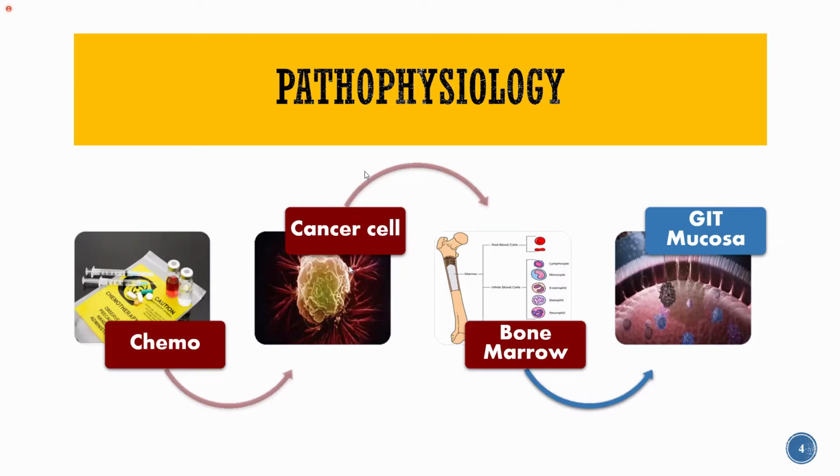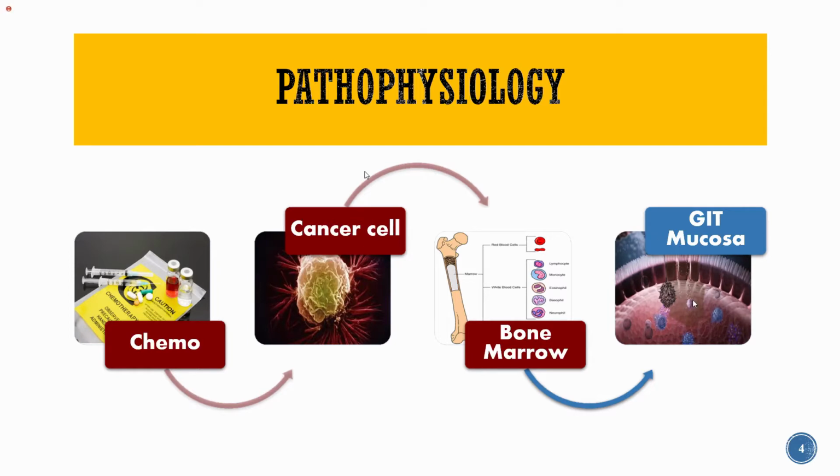It's called the nadir for the counts, and the nadir for the platelets and the nadir for the neutrophils are different depending upon their half-lives. Also, the chemotherapy, as I mentioned, targets rapidly proliferating cells such as the GI mucosa.